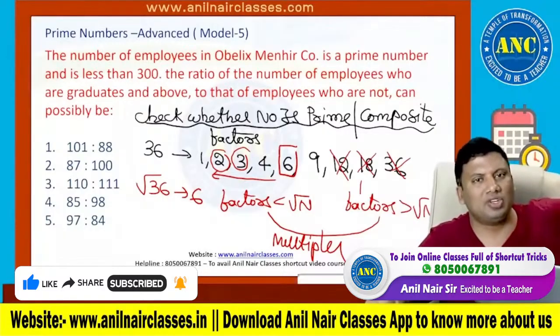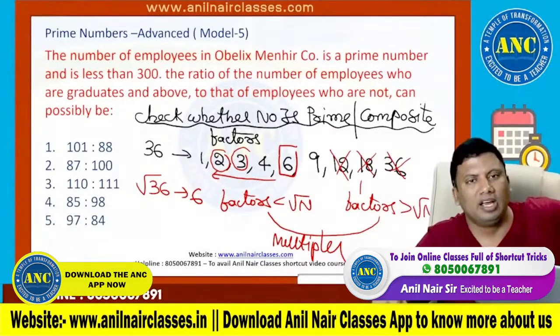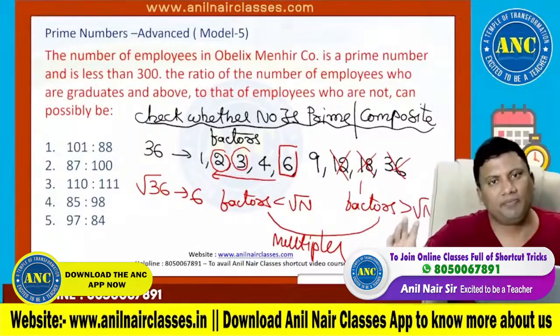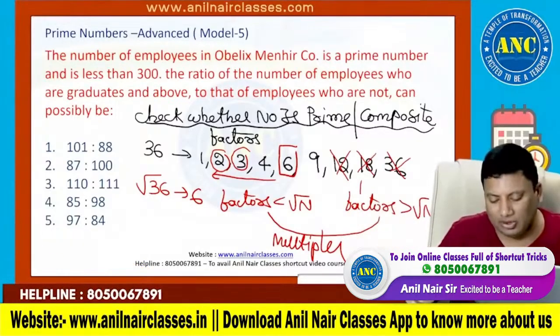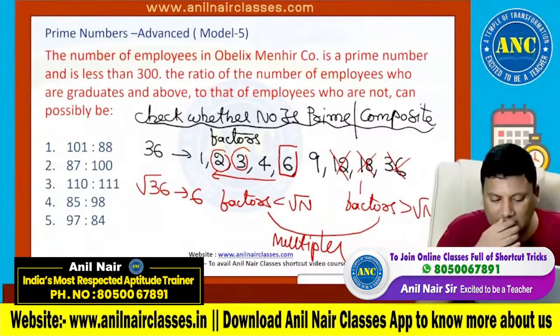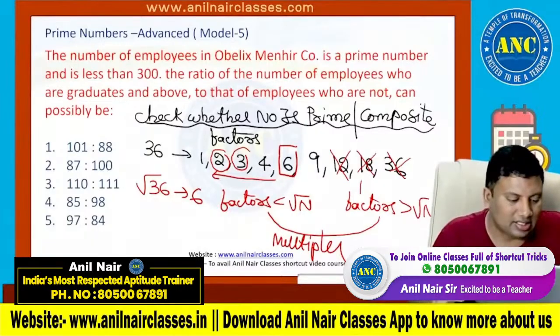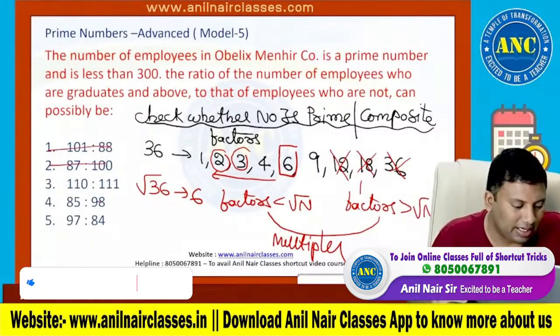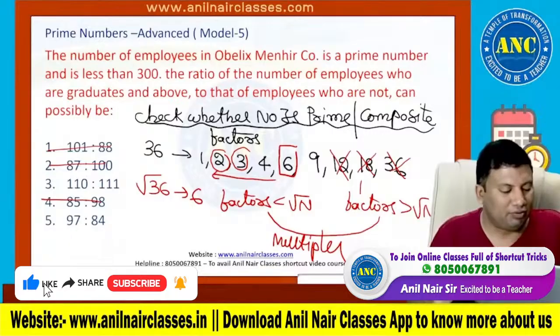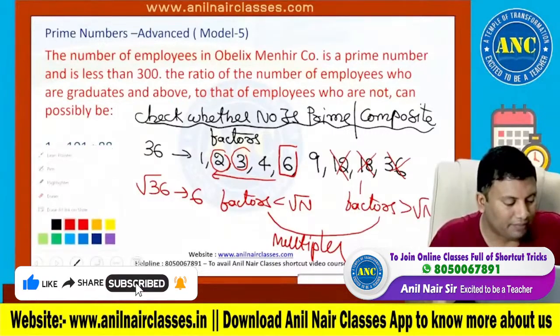So if it is not divisible by 3, 12 is out, 18 is out. I hope the idea is clear. So we just eliminated first, second and fourth. Let us do the third one.